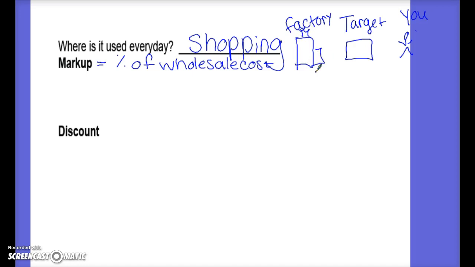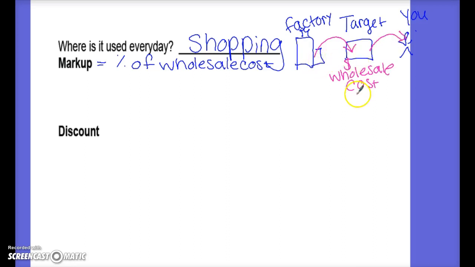Okay, so what happens is Target has to buy from the factory. So it goes here, and Target buys it at wholesale cost from the factory. They have to buy it from somebody. Then they mark it up. Then it goes to you.